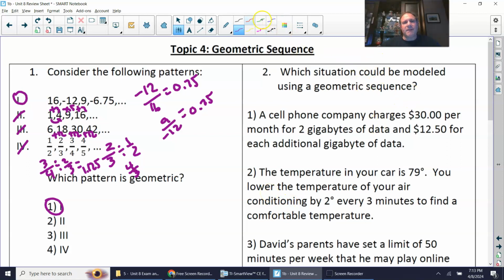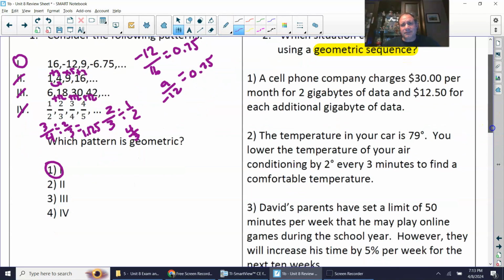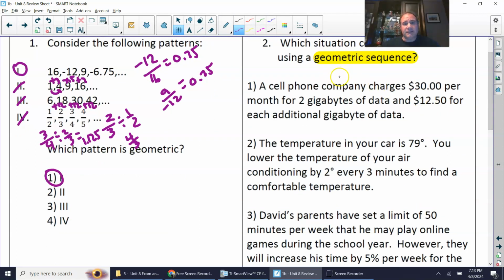Which situation can be modeled by a geometric sequence? Just remember, geometric sequence is not something that is a constant. It is being multiplied. So you're looking for keywords. Cell phone company charges $30 for a month for 2 gigabytes and $12.50 for each additional. This is linear. That's a constant. Stays the same. 79 degrees in the car.